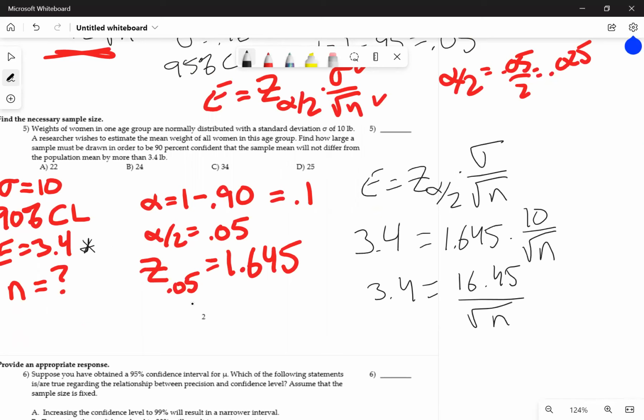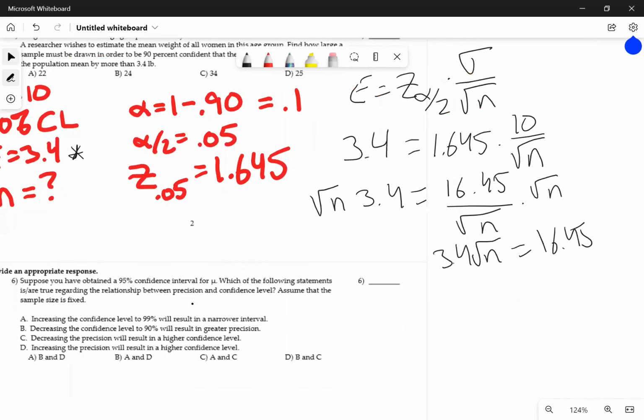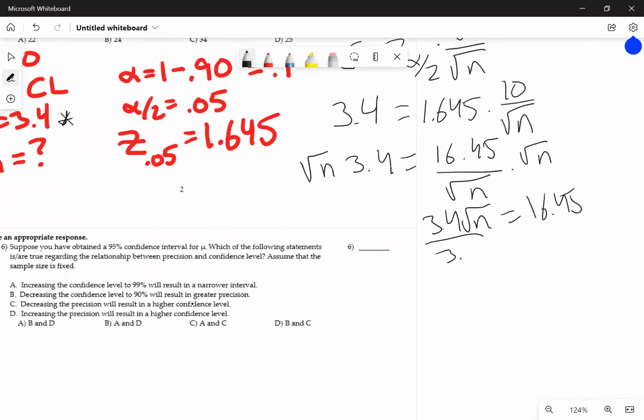Remember, I can flip these two. If I multiply this over here, I have to multiply it over here. So this gives me 3.4 square root of n equals 16.45. And now I can divide by 3.4.